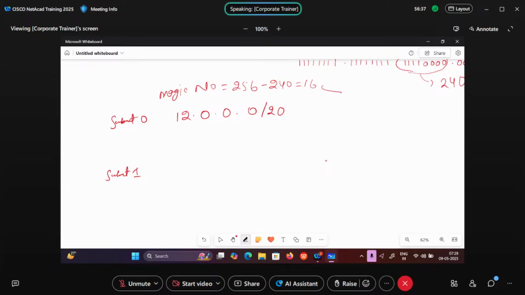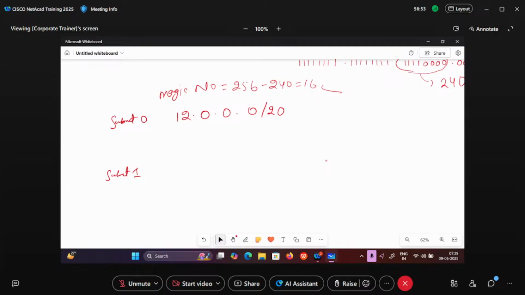Whenever you add 16, think of our requirement of how many hosts per network: 4,000.